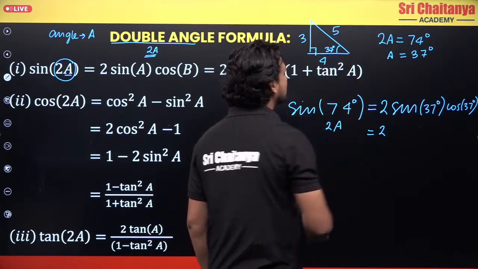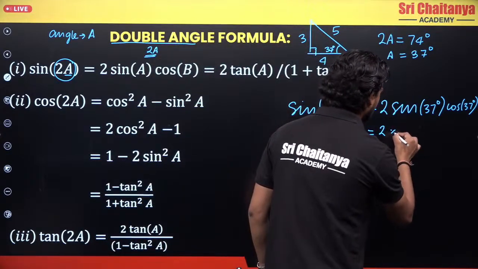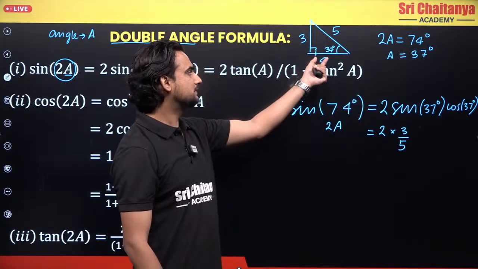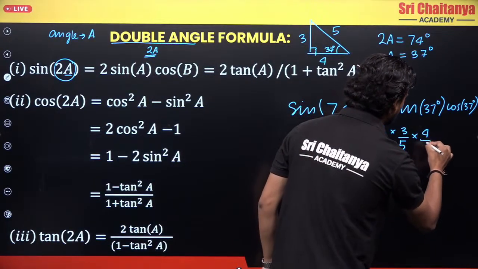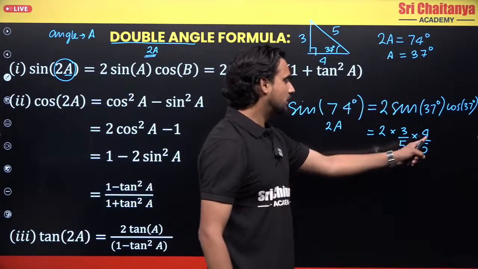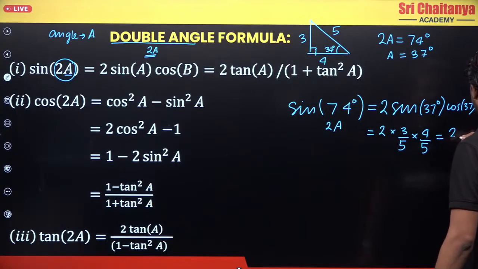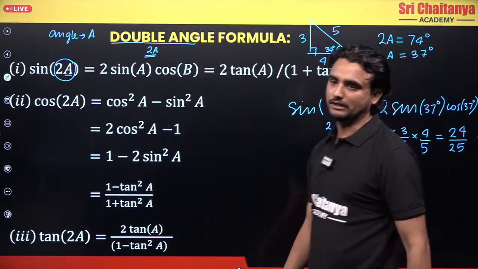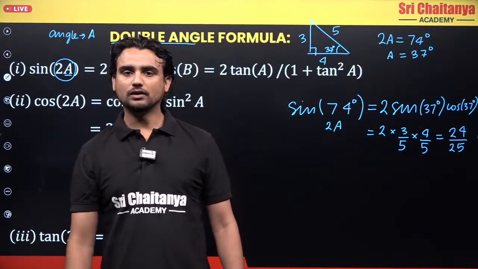Sine is perpendicular upon hypotenuse, so sine 37 is 3 by 5. Similarly, cos 37 is base upon hypotenuse, that is 4 upon 5. So this will become 3 4s are 12 and 12 2s are 24, and in the denominator 5 into 5 is 25. So 24 by 25 is the value of sine 74. This is how you will use the double angle formula for your calculations.